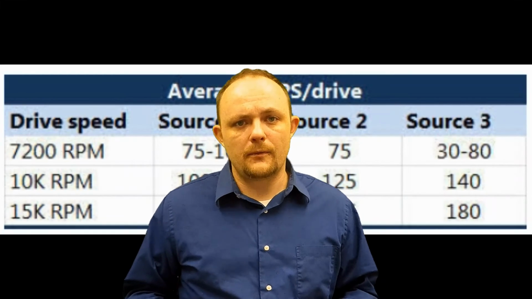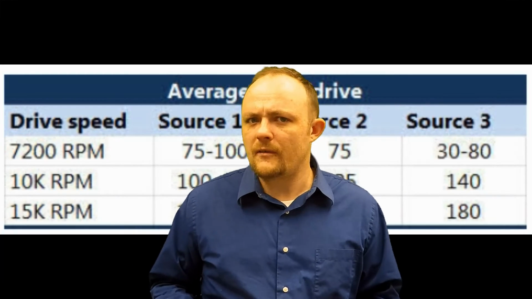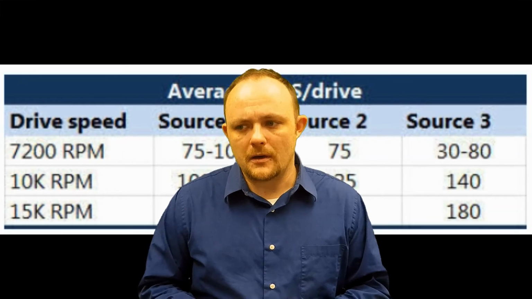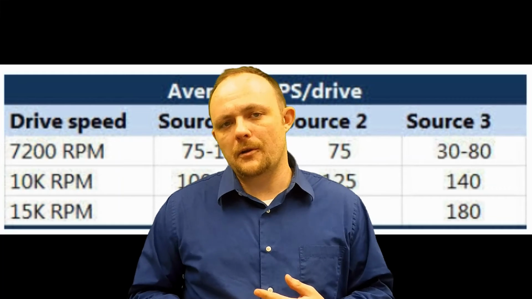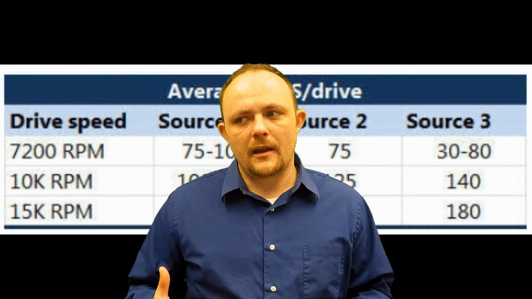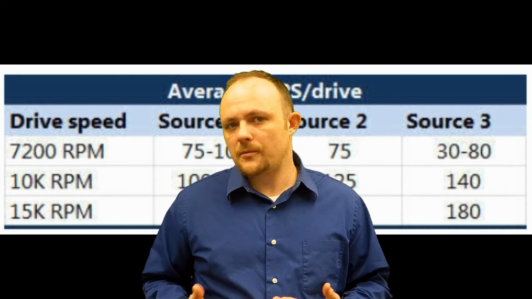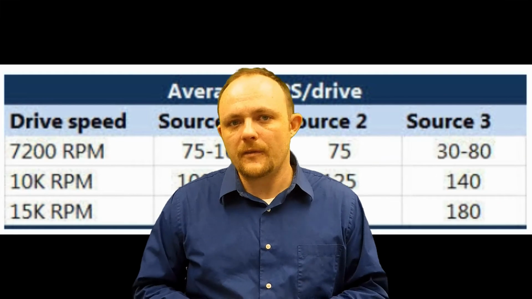Every 7,200 RPM disk you have is somewhere around 75 IOPS apiece. Every 10,000 RPM drive is somewhere around 100 IOPS apiece, and every 15,000 RPM drive is somewhere around 125 to 150 IOPS apiece.